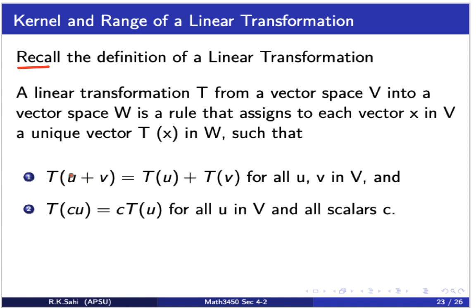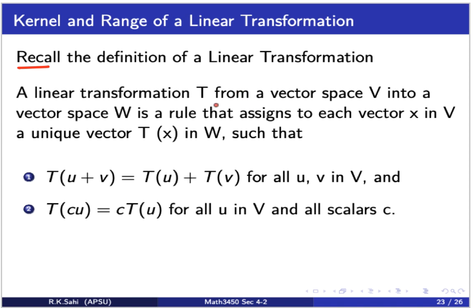In other words, when T acts on u plus v, it is the same as T acting on u and on v separately, and then you add them up. And T, when it acts on a scalar multiple c times u, is the same as T acting on the vector u and then multiplying by c.